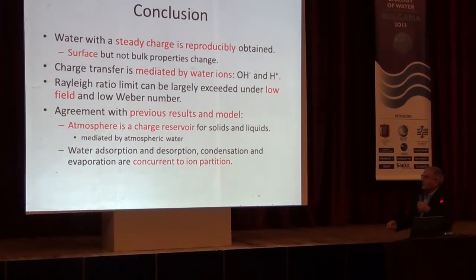And it's given by a limit, and we found that this can be very largely exceeded under low field. There is always a confusion in this area between field and potential. Of course, they are interdependent, but they do not work exactly the same. And also low Weber number, which is another dimensionless number.